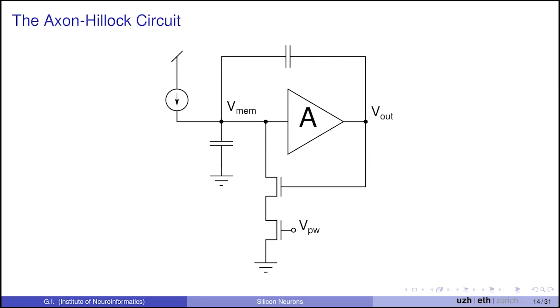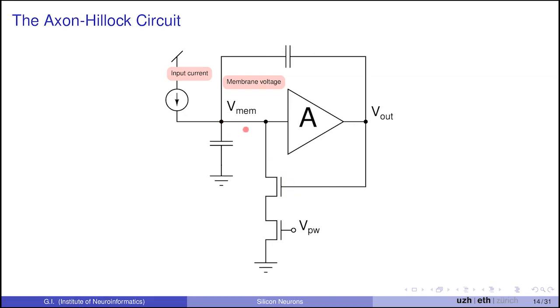So the way this works is that you inject current, the input current goes into the VMEM and it increases VMEM. In this case, let's assume we are at a steady state where everything is switched off. The VMEM is 0. This is a non-inverting amplifier, so 0 in input, 0 in output. If the output is 0, this NFET is switched off.